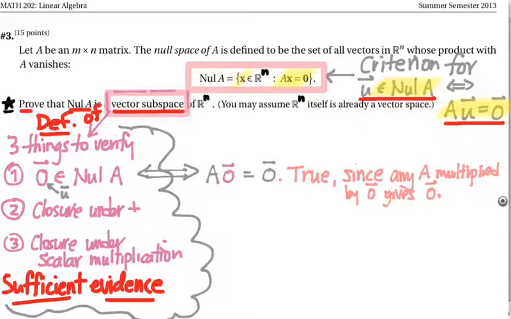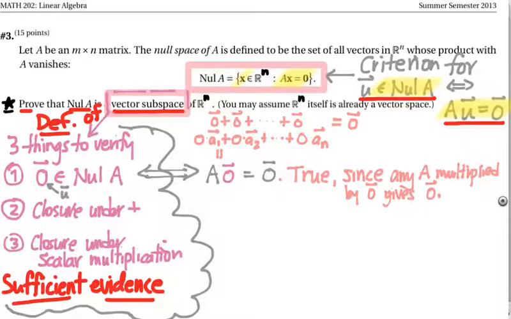In other words, A times the 0 vector is going to be 0 times the first column of A, plus 0 times the second column of A, plus dot dot dot, plus 0 times the final column of A, and since A is m rows and n columns, that would be the nth column of A. But when I multiply any one of these columns by 0, I'm just going to get the 0 vector. So 0 vector plus 0 vector plus, and so on. I'm kind of beating a dead horse here. But just to provide some justification for how we know that whenever we multiply a matrix by the 0 vector, the result is always the 0 vector.